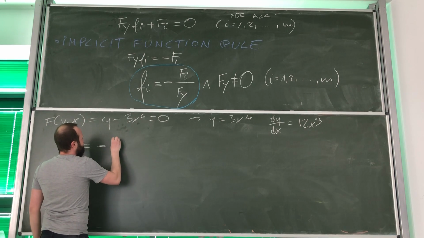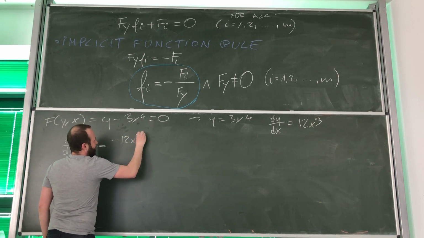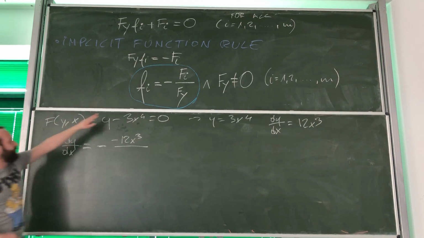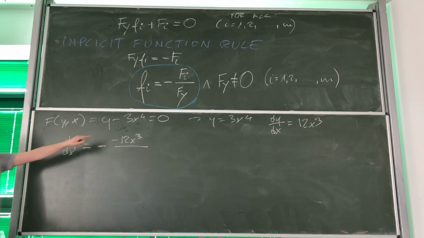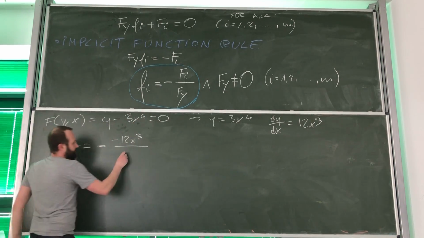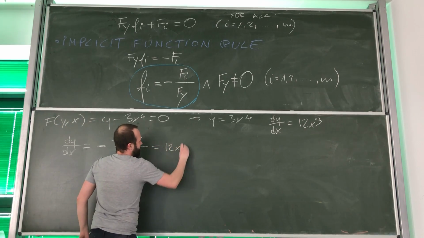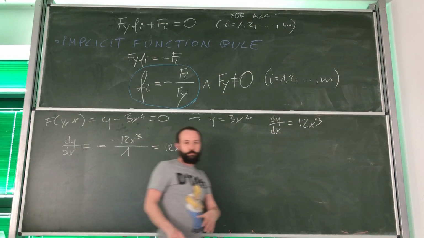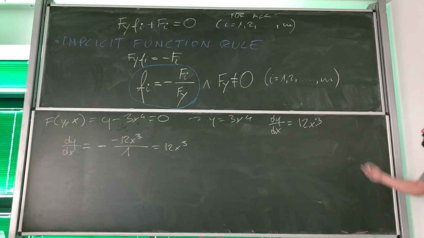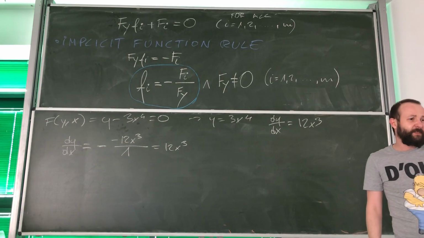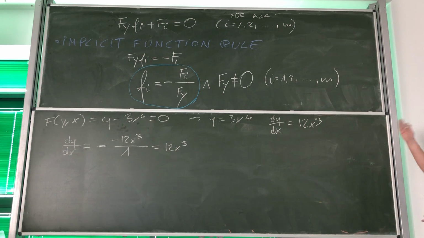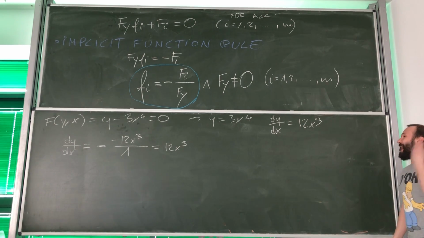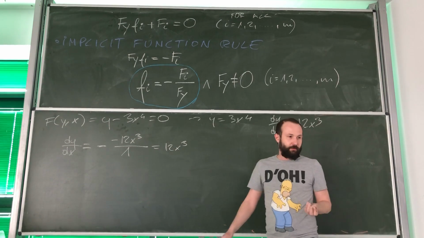So I'm getting that this is negative 12x to the power of 3. Then I divide this by the derivative of the big F with respect to y, which is 1. You clearly see that the rule works. Of course, remember that this case is trivial. In this case, we actually don't need to use the rule.